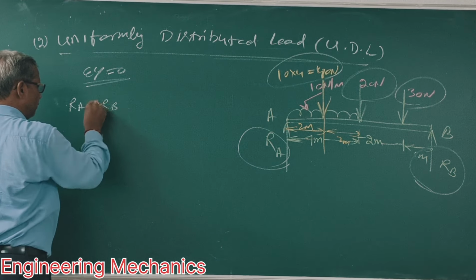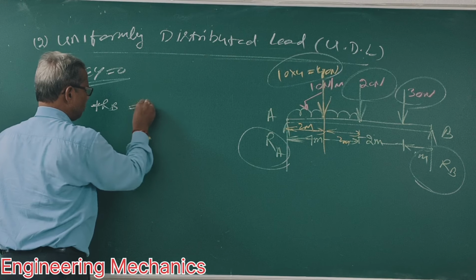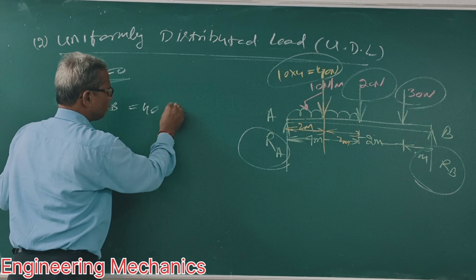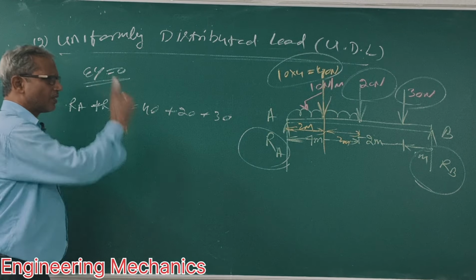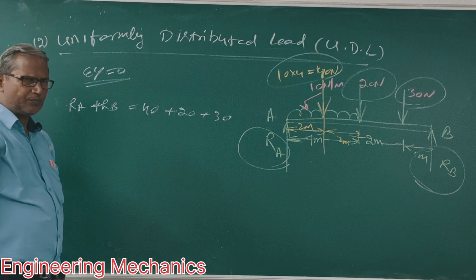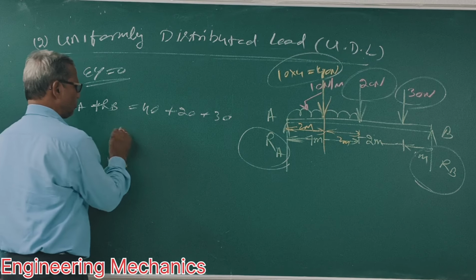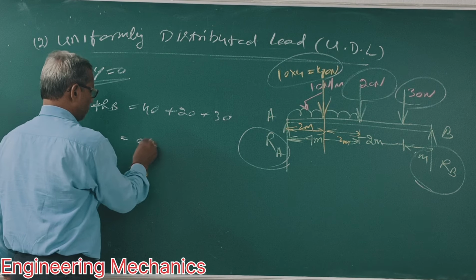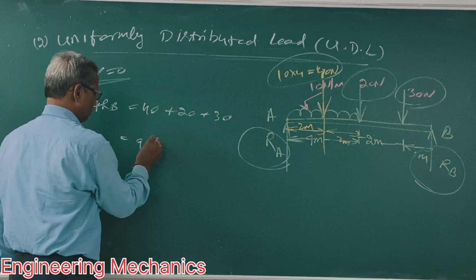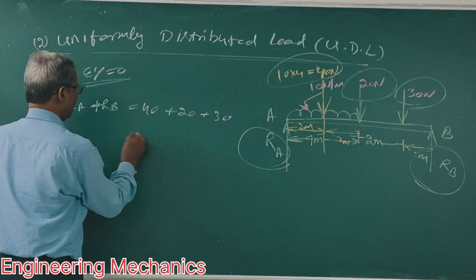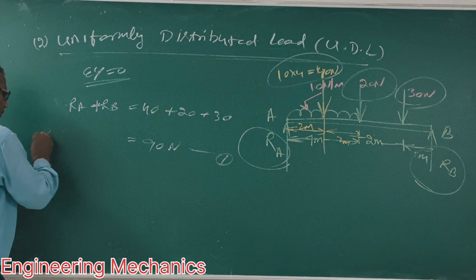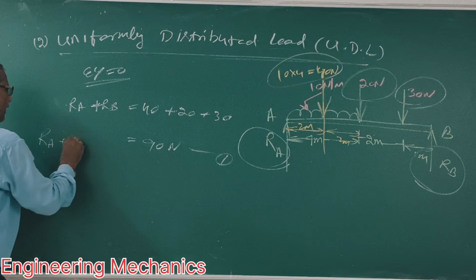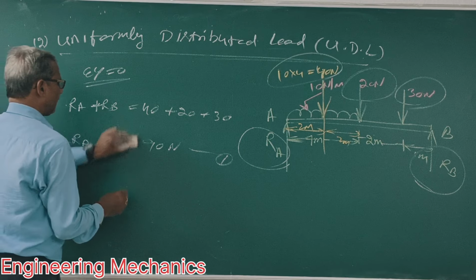What is downward force? 40 plus 20 plus 30. Clear? This is equal to 90 Newton. 90 Newton is equation 1. So RA plus RB is equal to 90. Clear?